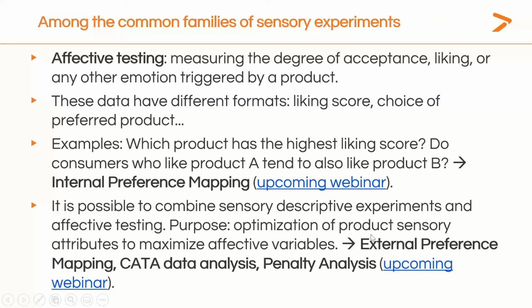Well, in this case, we can use external preference mapping, metadata analysis, penalty analysis, which will be tackled during the upcoming webinar. So today we'll be focusing simply on measuring the differences between products and not focusing on to what extent do consumers like these products at the affective scale.